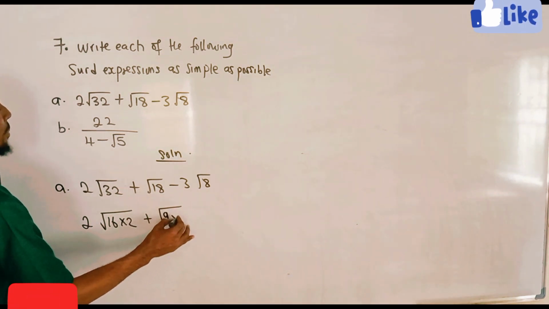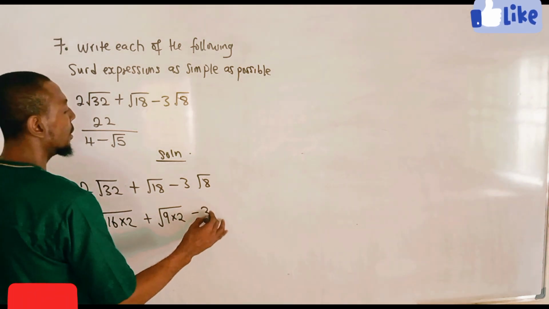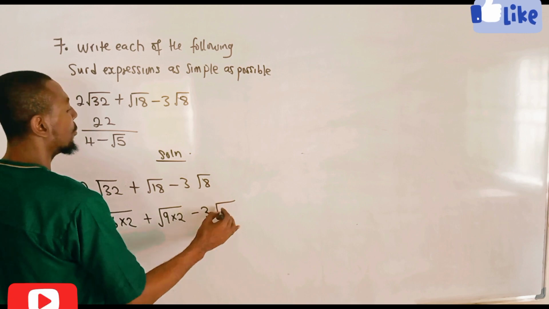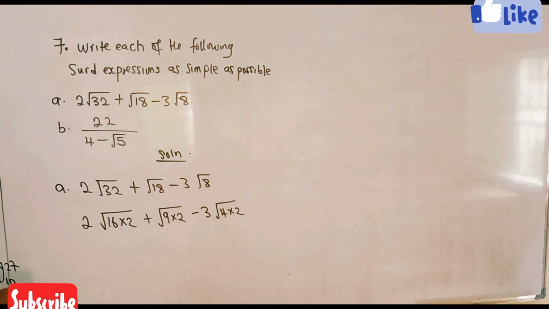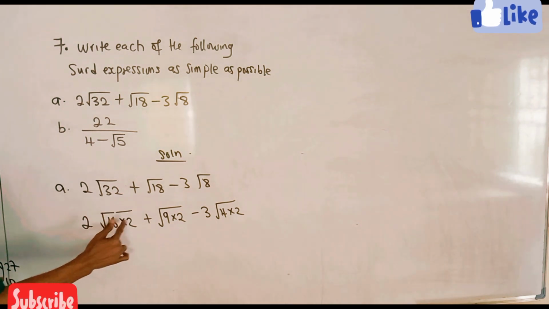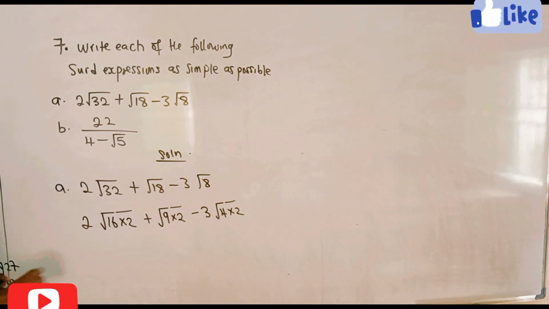Then plus, of course, 18 is 9 multiplied by 2, of which 9 is a perfect square. Minus 3 square root of 4 times 2. Okay? So coming here again, we are going to break up the square roots so that we distinguish it.